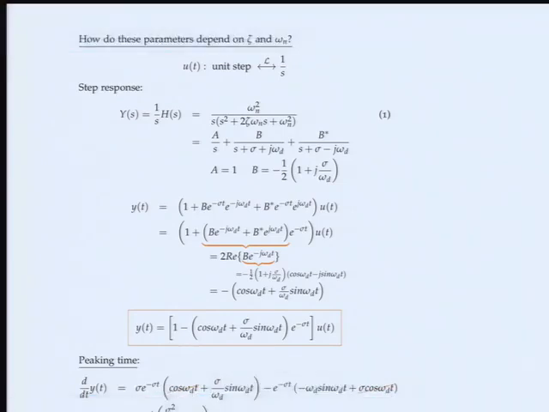Step response, well, why did we look for the impulse response? I mean, it's part of the second order system. I said that the step response is a little more important because when we design feedback systems, one of the things you want to be able to do with the feedback is to make sure you can follow step inputs, because those will be commands.